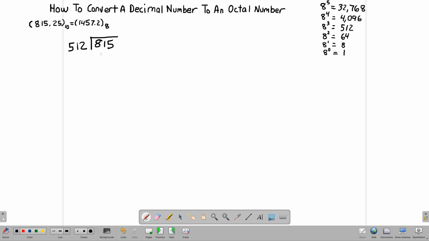And 512 goes into 815 one time. So we got 1. We have 1 times 512 equals 512. And so we take 815 and subtract 512. And this gives us a value of 303.